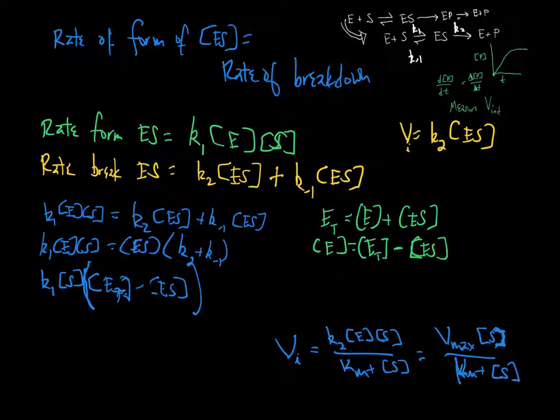It will no longer let you go so far back to erase. Now, all of this is equal to this other side, to ES, K2 plus K minus 1. So we've got to get all of the ES's on one side and everything else on the other side.